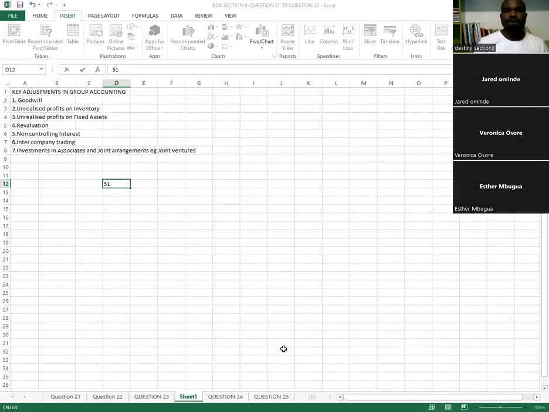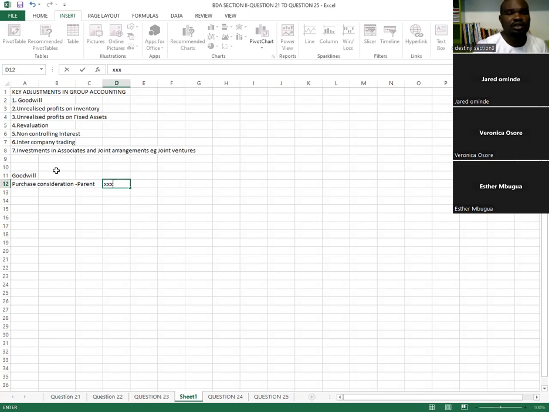So let's do this overview. I want us to start with goodwill. So how do you calculate goodwill? To get goodwill, you take what we call the purchase consideration paid by the parent.